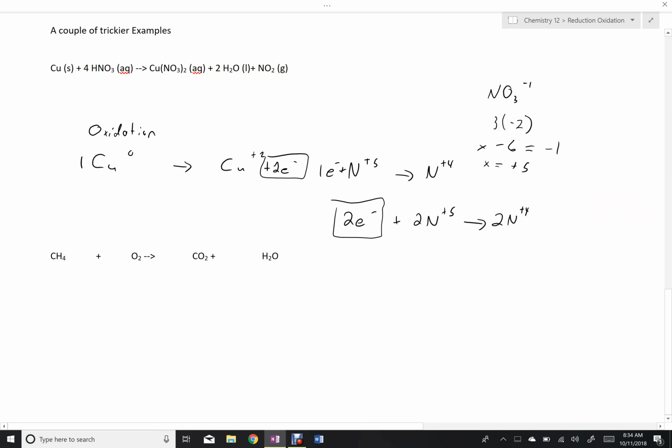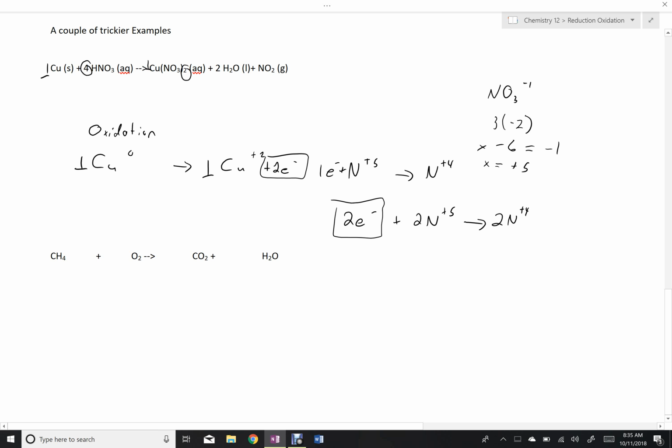First of all, looking at the copper, we can see the predicted 1-to-1 ratio between the copper and the copper nitrate. Looking at the nitrogen dioxide, we expected to have a 2-to-2 relationship. But if we look at this a little bit more carefully, we're going to realize that we have 4 here, and we do have 2 nitrates here.